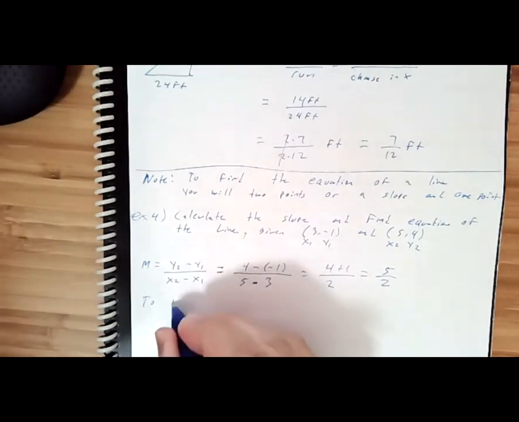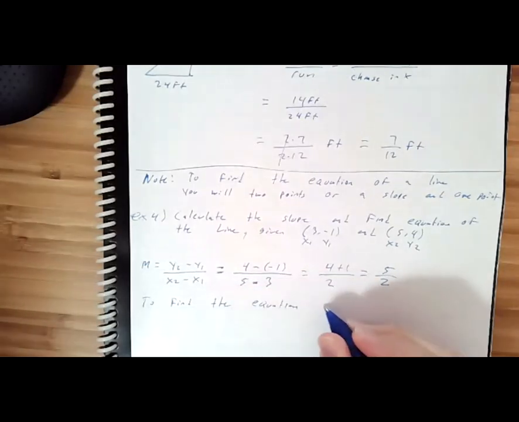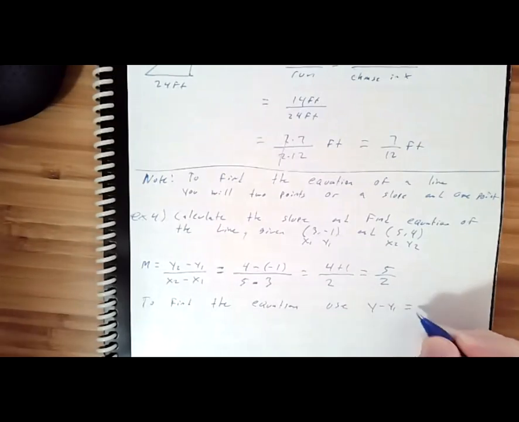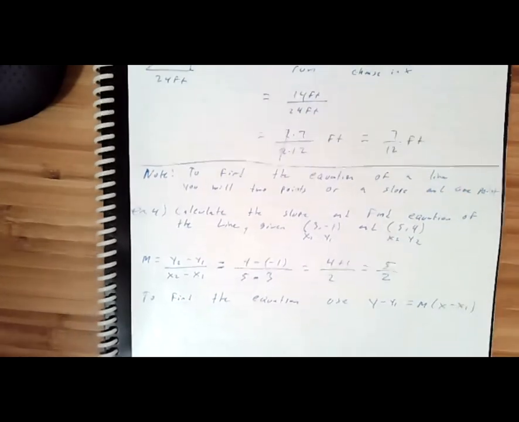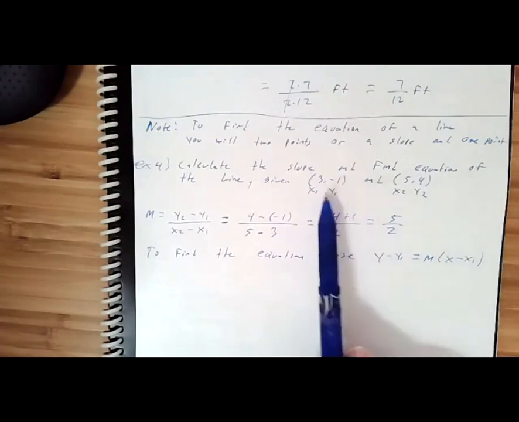Now to find the equation, use this formula right here. y minus y1 is equal to m times x minus x1. So all you have to do is plug in the slope and plug in any point. So I'm going to use this one, I guess.